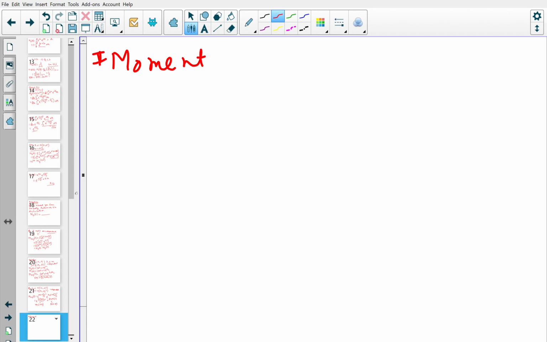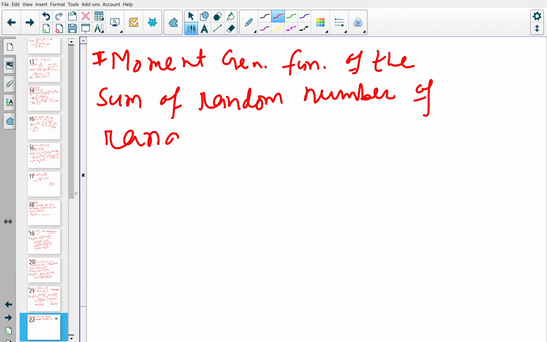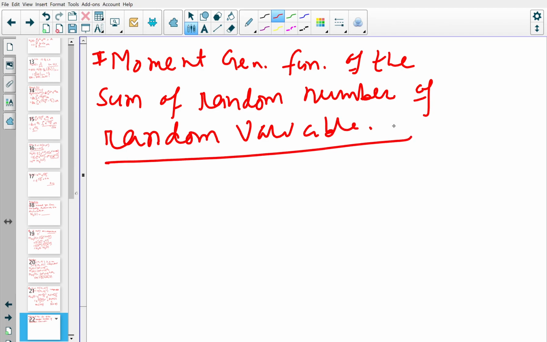The moment generating function of the sum of a random number of random variables. Remember we have done this for expectation and variance. So what are the assumptions? The assumption is that you have X1, X2, X3 and so on.